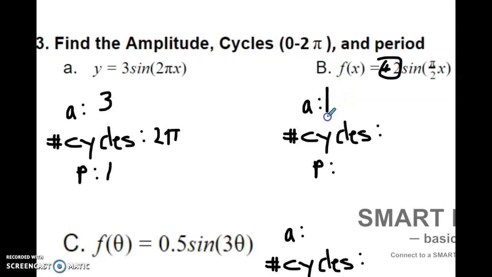So what we have to do is take the absolute value of a, because we always want the amplitude to be a positive number. So the amplitude is 2. Cycles is the number in front of the x, so the cycles is pi over 2.